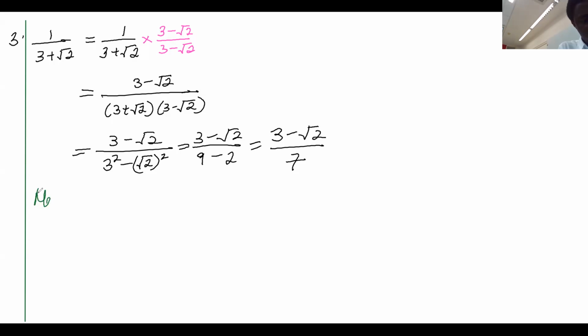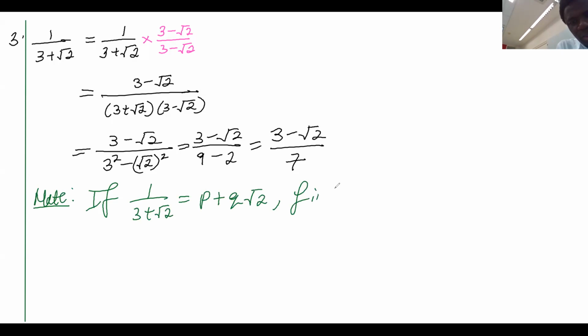But sometimes, what if the question says 1 over 3 plus root 2 equals p plus q root 2, find p and q. Look up, everyone.